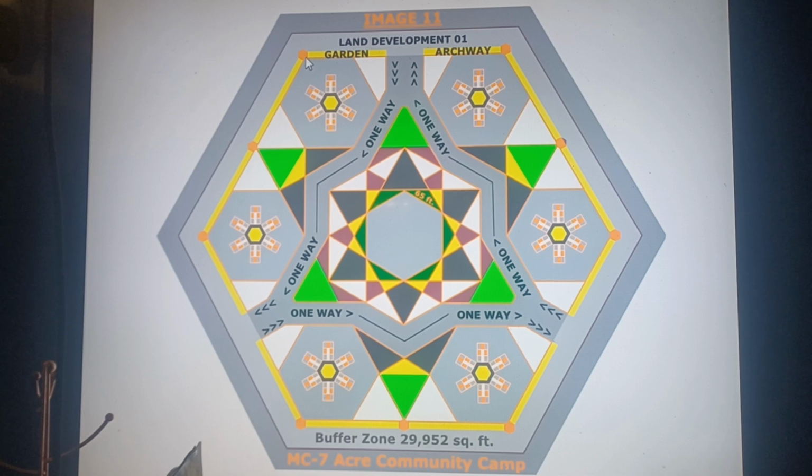So if I expand it to 7 acre, that would be 7 times 43560, 304,920 square feet. And we're going to divide that by 3, take the square root.